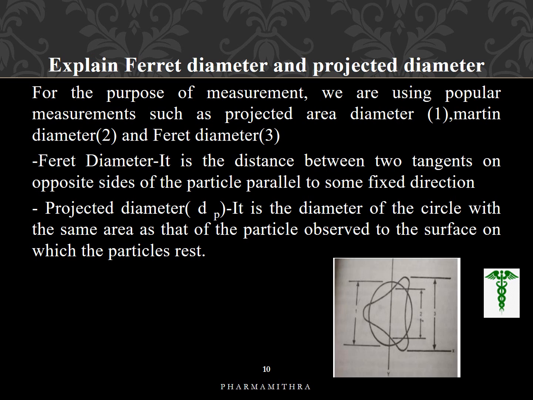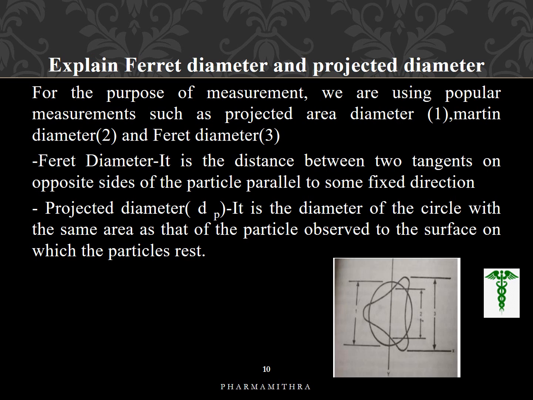Next question, what is the difference between Feret diameter and projected diameter? If you want to measure a particle, we are supposed to use different types of diameter, let it be projected area diameter, Martin diameter, Feret diameter, like that. Our question is about Feret diameter as well as projected diameter.